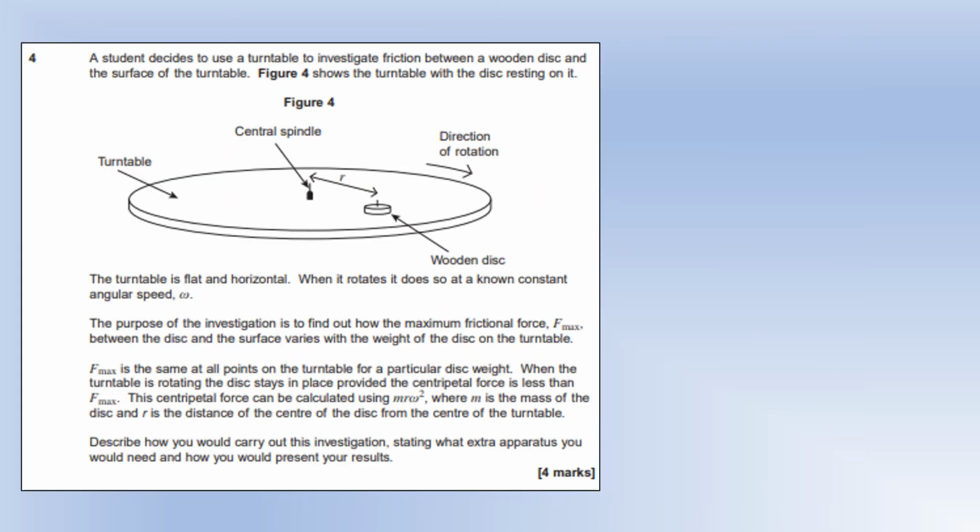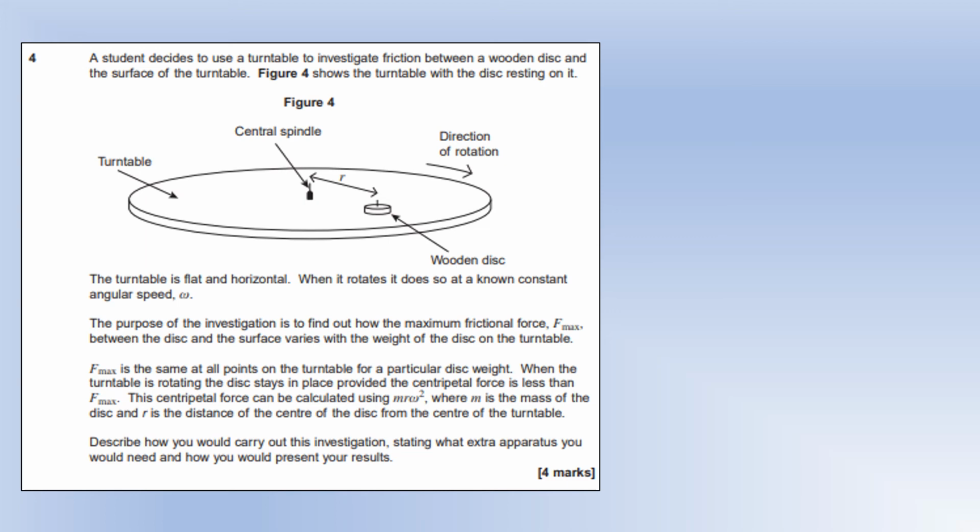So final question, we've got a turntable to investigate friction between a wooden disc and the surface of a turntable. The turntable is flat, horizontal, and rotates with a known constant angular speed. The purpose of the investigation is to find out how the maximum frictional force varies with the weight of the disc on the turntable.